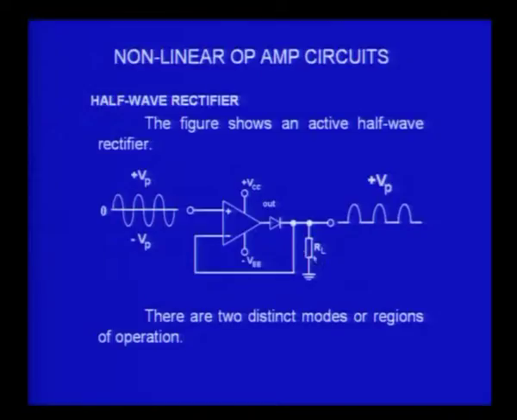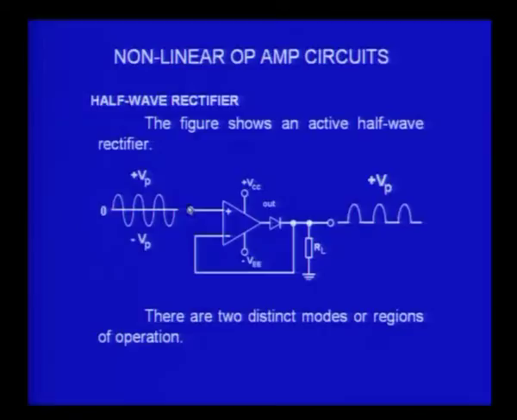This resistor RL is actually the load resistance, and so this is a non-inverting buffer type of thing except for the diode. So, when I give a sine wave input here, I must get a sine wave output here if the diode is not there, but because the diode is there, something else is going to happen. Let us see what is going to happen.